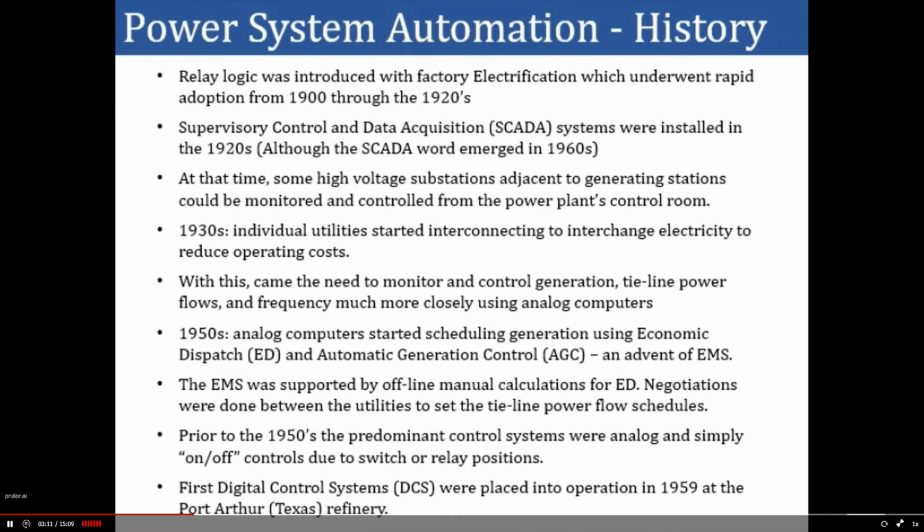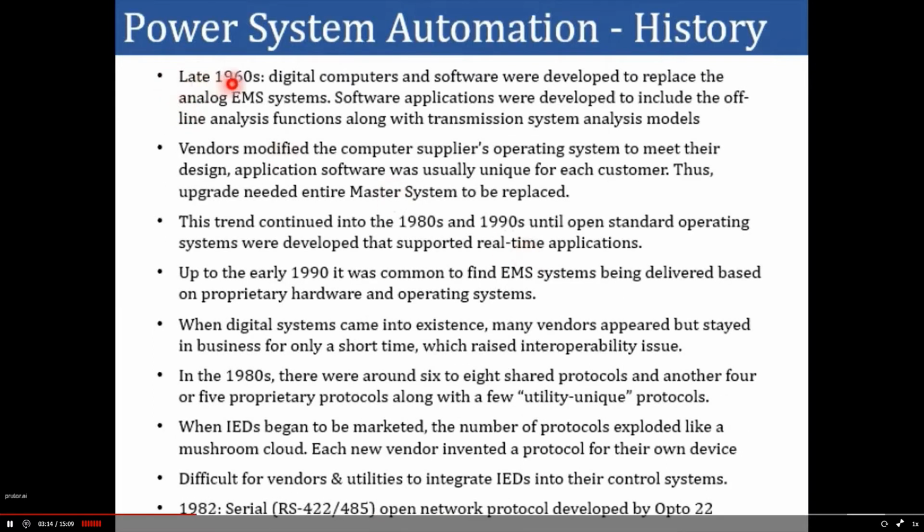Now, in the late 1960s, when digital computers and software were introduced, a lot of software applications started developing to replace the analog energy management system. These software applications were developed to include offline analysis functions, mainly because of the limited processing capability of the computers of that time, along with transmission system analysis and modeling.